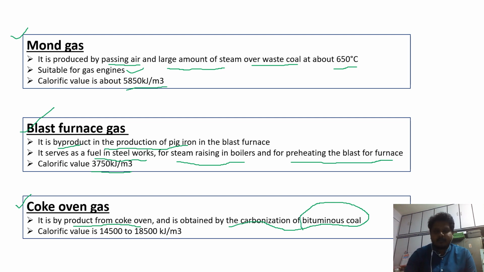This is a type of solid fuel. When we carbonize the bituminous coal, we will get the coke oven gas. The calorific value of the coke oven gas varies from 14,500 to 18,500 kilojoule per meter cube.